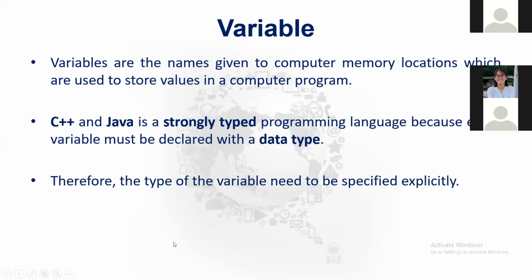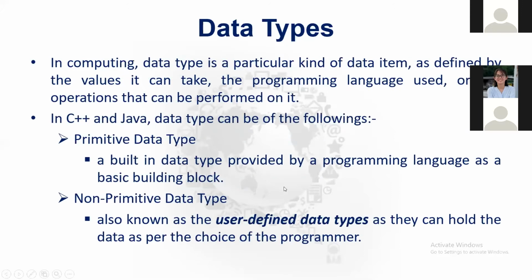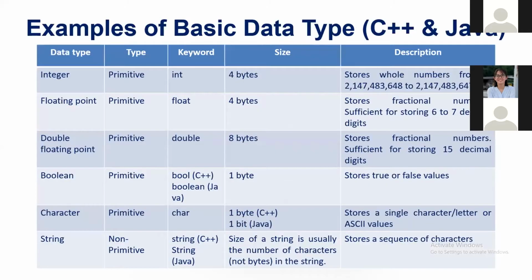Therefore, in C++ and Java the types of variables need to be specified explicitly. We have different kinds of data types: primitive data types and non-primitive data types. Primitive data types are built into the programming language itself, and non-primitive are user-defined data types that the programmer provides.